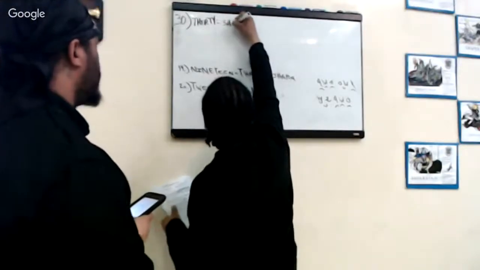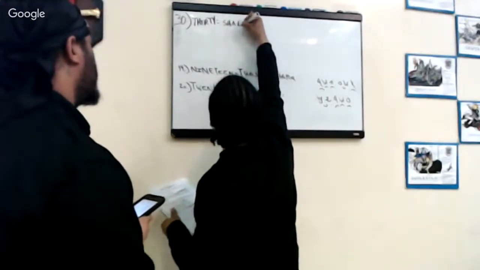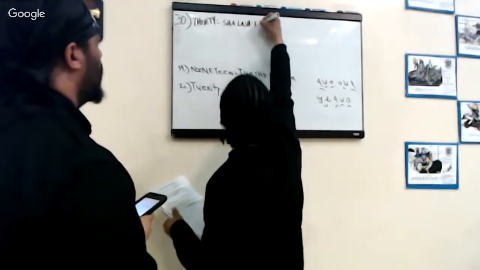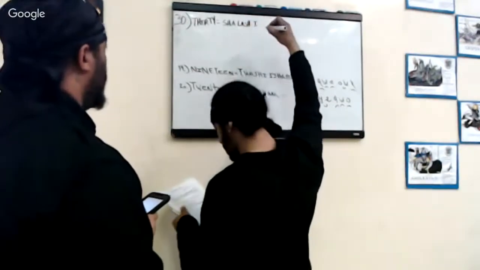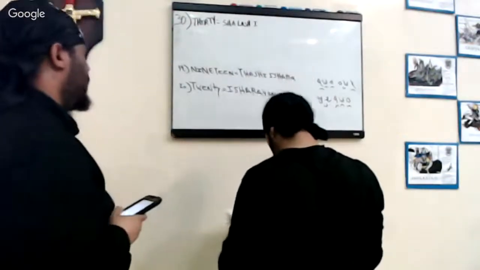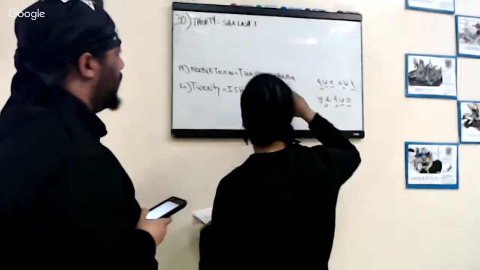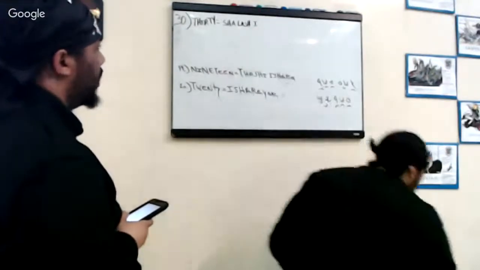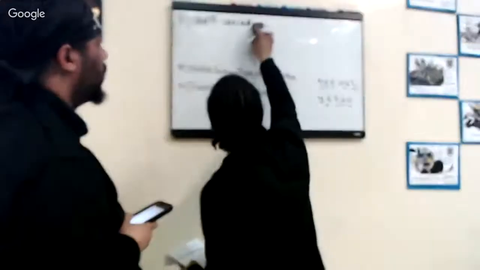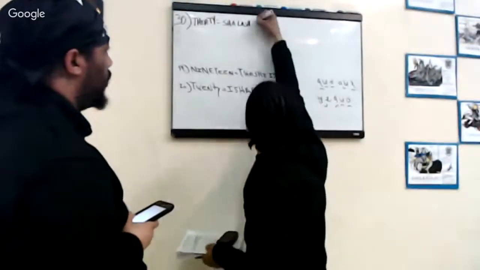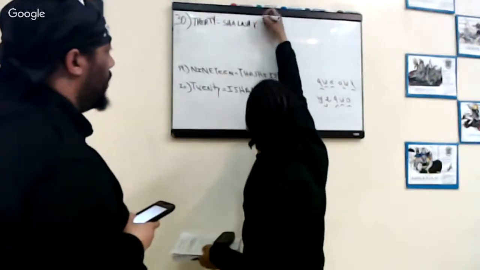Right. Shalash. No. 30. What did we go over with 20? What did I explain for that last number 20? What was at the end of it? Shalash Yom. Right. 30 would be Shalash Yom.